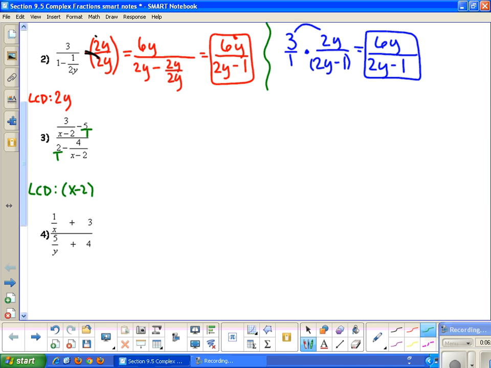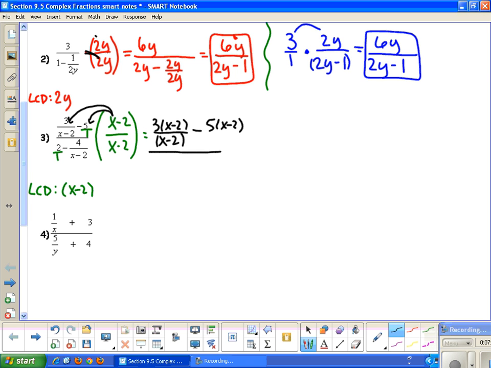That means I'm going to multiply the numerator and the denominator by my LCD of all my denominators. When I do that, I'm going to distribute this to each of my terms. So this is where it gets kind of tricky. So I have to do this times this here. So that would be 3 times x minus 2 over x minus 2 minus, and now I'm going to take this times this term here, 5 times x minus 2, and that's over 1.